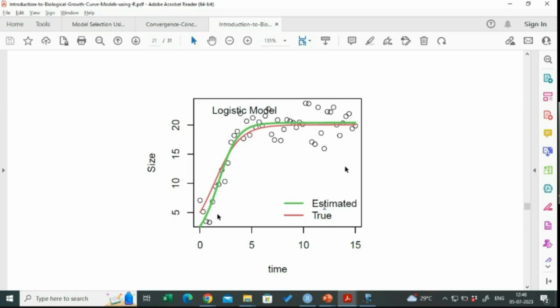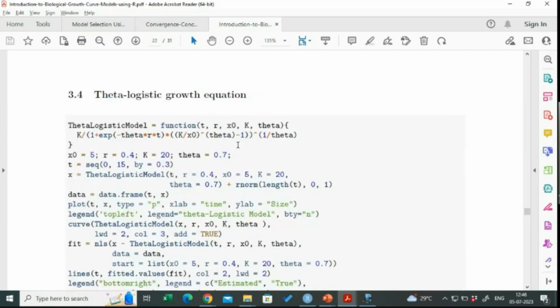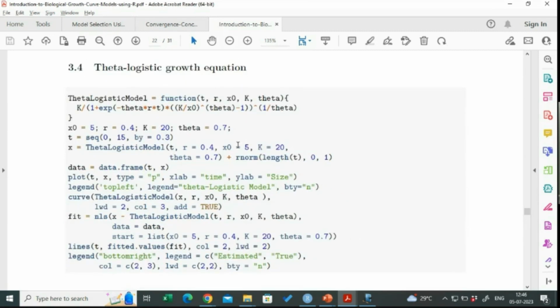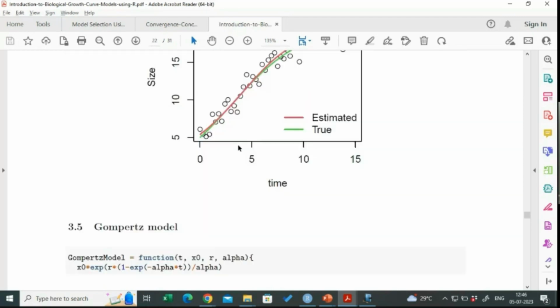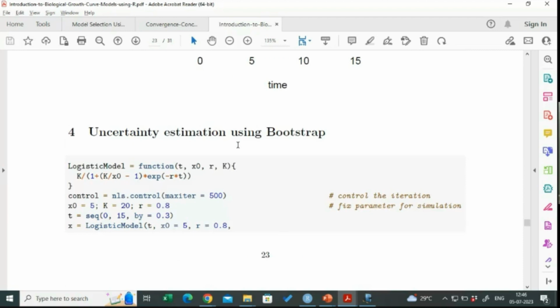We never know how exactly they are working, but we can get a good estimate of this by judiciously employing some statistical method. The same thing I did for the theta logistic growth equation. The same thing for Gompertz, as you see.